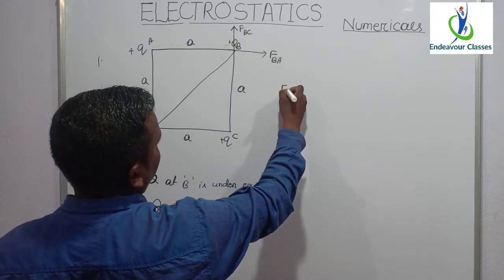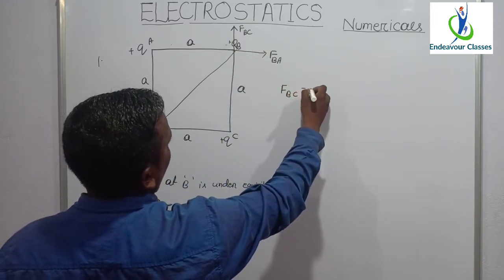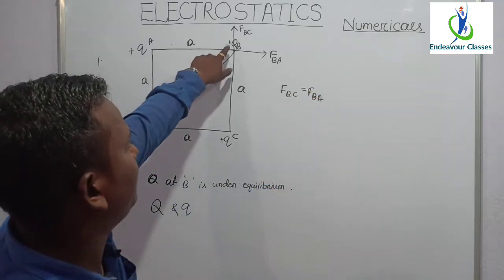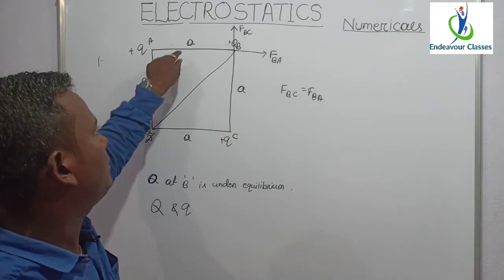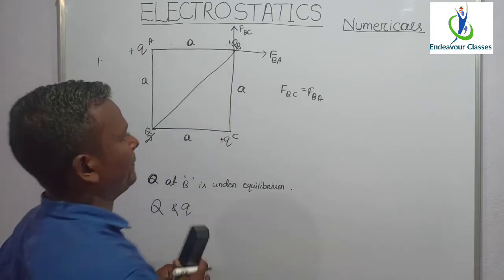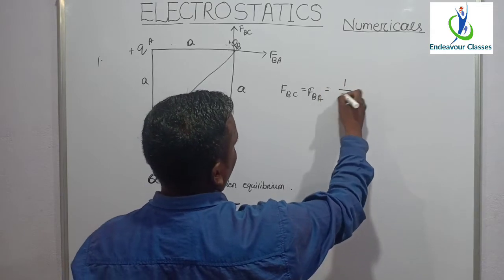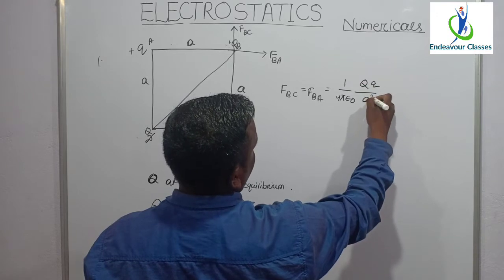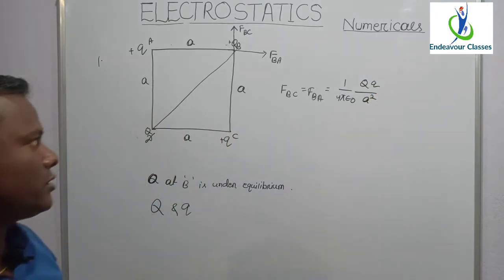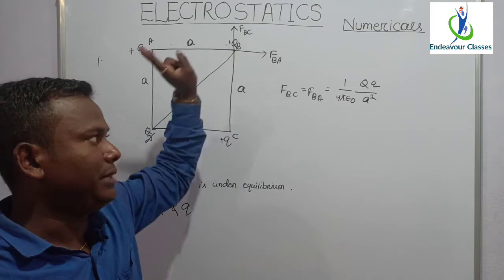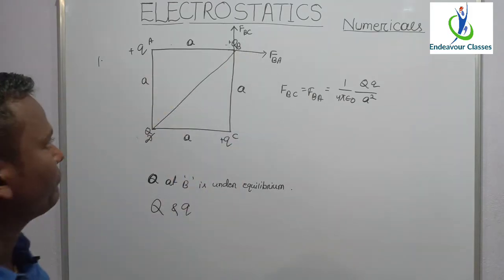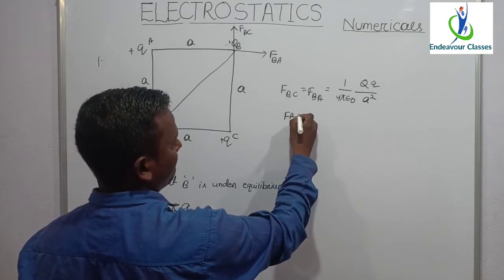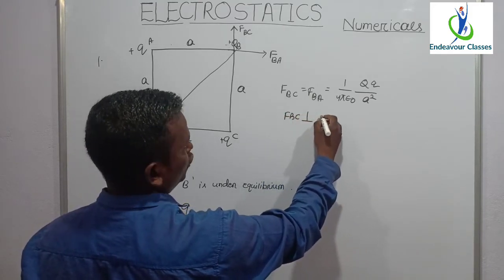You can well guess that FBC will be equal to FBA, because in both cases it is between capital Q and small q, and the distance in both cases is A. So in both cases it will be 1/4 pi epsilon naught capital Q small q divided by A square. This is the magnitude of the force, that means FBC and FBA. Both are equal in magnitude and both are perpendicular to each other. So FBC is perpendicular to FBA.